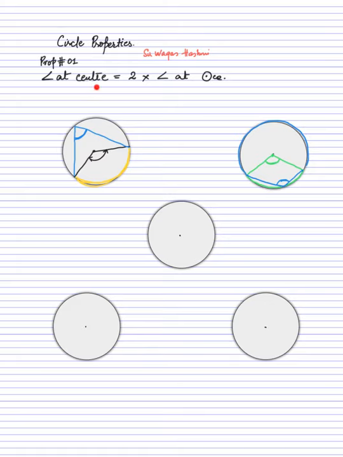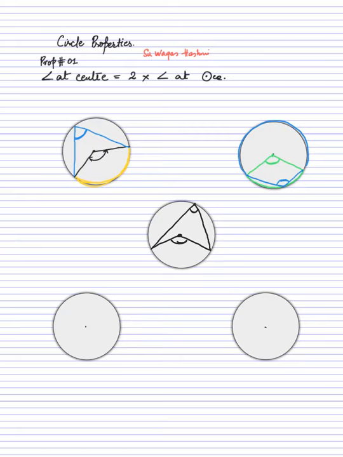Whenever you are applying this property, make sure that you highlight this point, that both the angles must face the same arc length. Now, the property says that if you have an angle at the center, right? This is the angle at center, and you have the angle at your circumference, that is your angle.